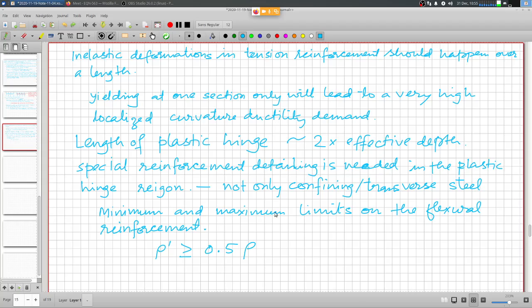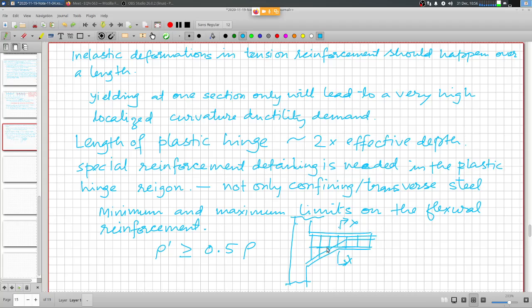Now, as I said, we can have this kind of reinforcement detailing, to ensure that the moment... so this XX section, this is where the plastic hinge starts.